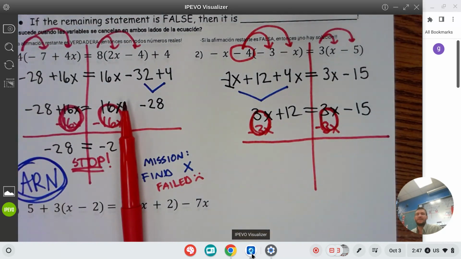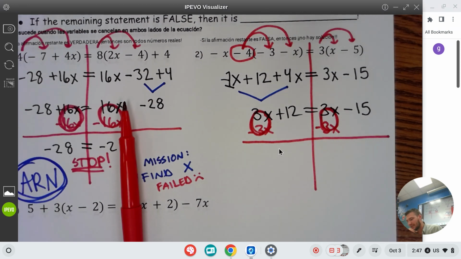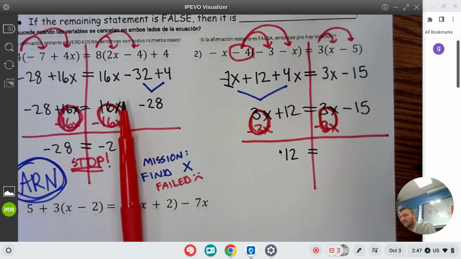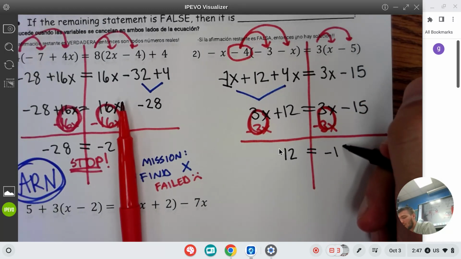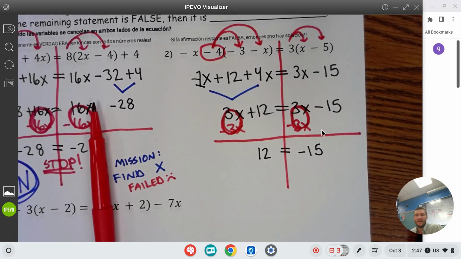And what happened to all of our x's? They're gone. Mission failed. They're gone. All right, the question is ruined. We have no more x's. We cannot continue. There is no possible way for us to find out x equals whatever, because the x's are gone. All we have left is a simple statement.